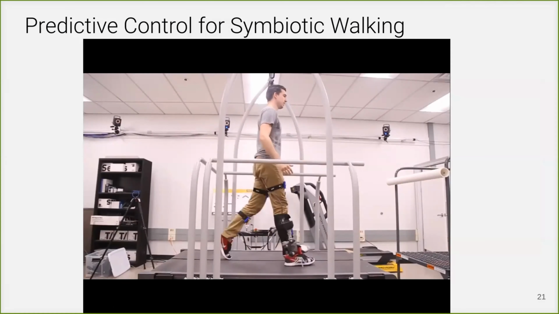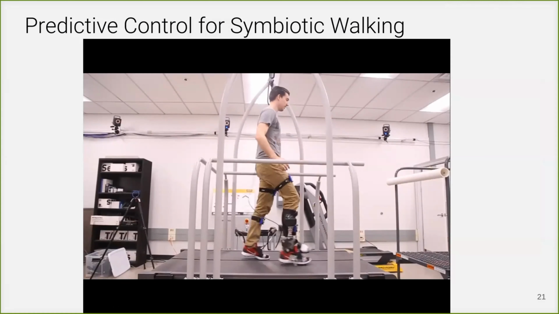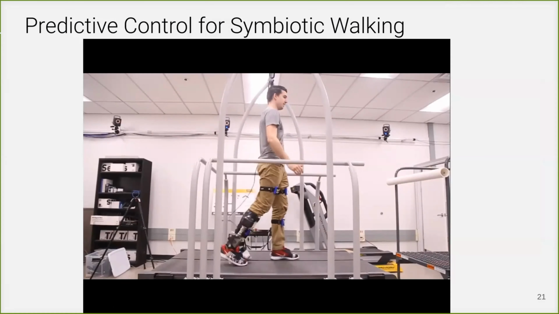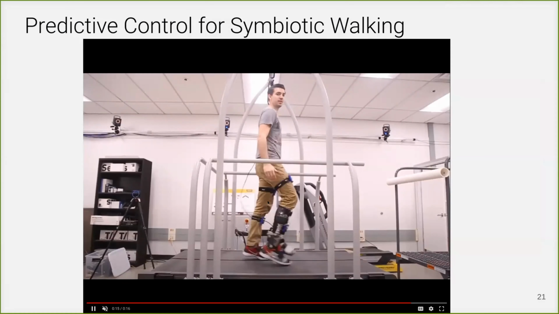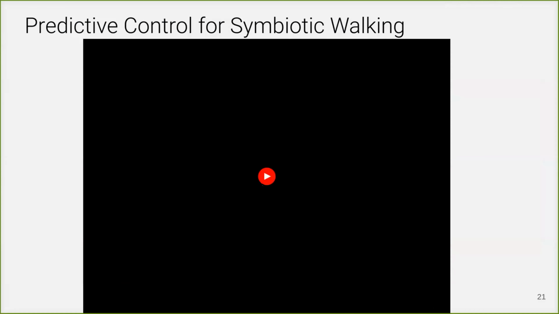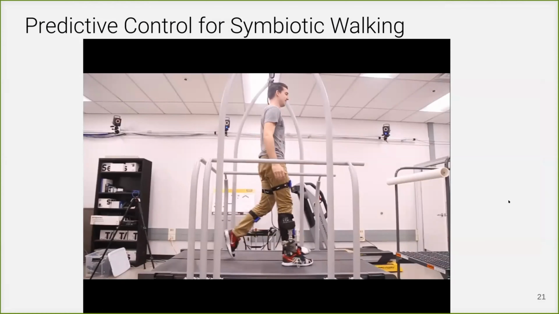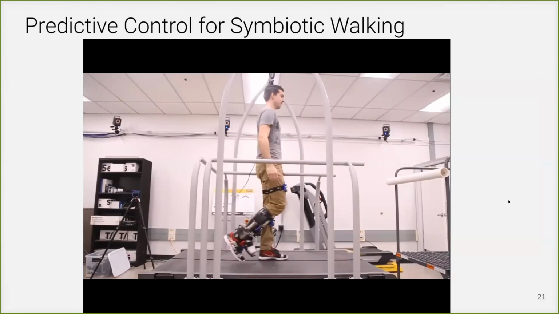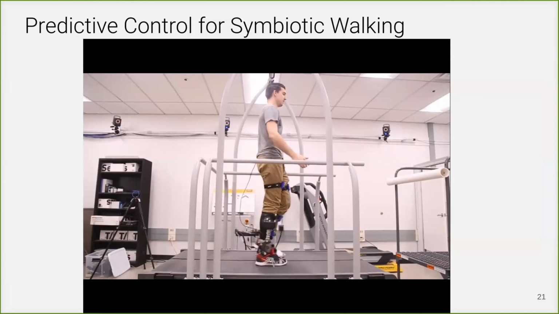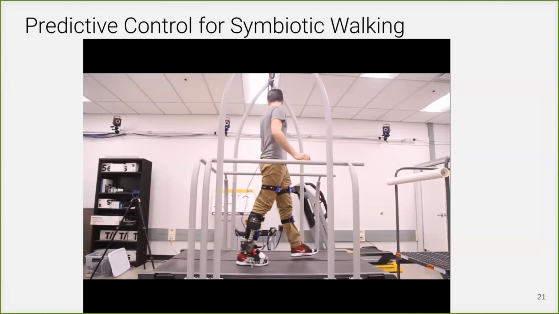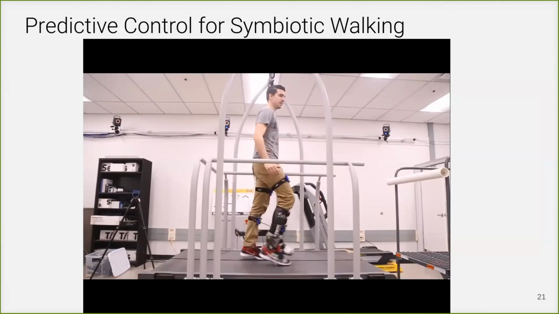So we can make a comparison between the healthy gait and the gait using this prosthesis. In this case, the person is wearing a bypass. That way, even for a healthy person, we can analyze how the movement of this prosthesis would look like. And as you can see, it looks very fluent and kind of symbiotic.